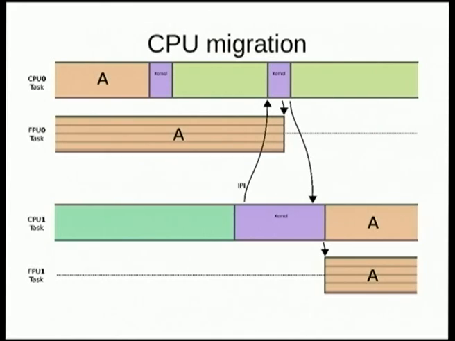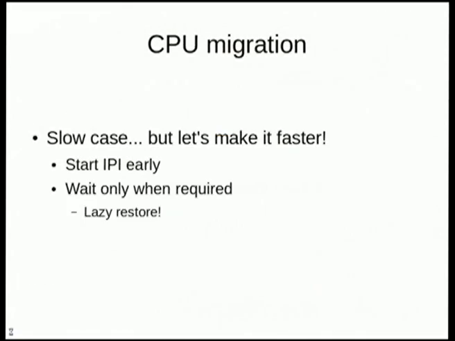It then communicates back to CPU 1 to say, that's all done, you can start A up now. So that's great. The problem here is the kernel on CPU 1 is just sitting around waiting for CPU 0 to do this. And this could possibly take a long time, and it's just kernel overhead. We really prefer not to do that. This is kind of the slow case CPU migration, but let's try and make it faster.